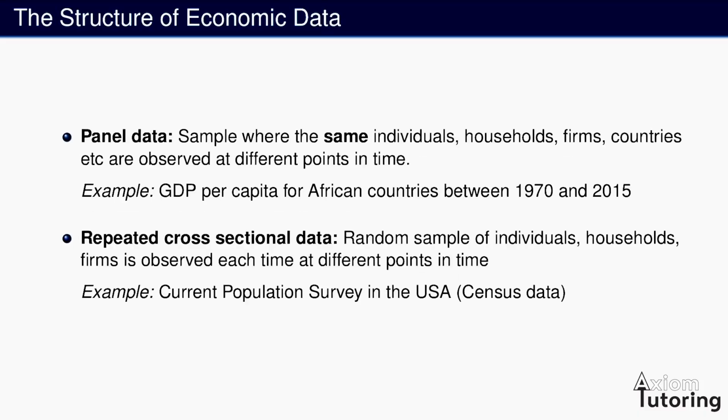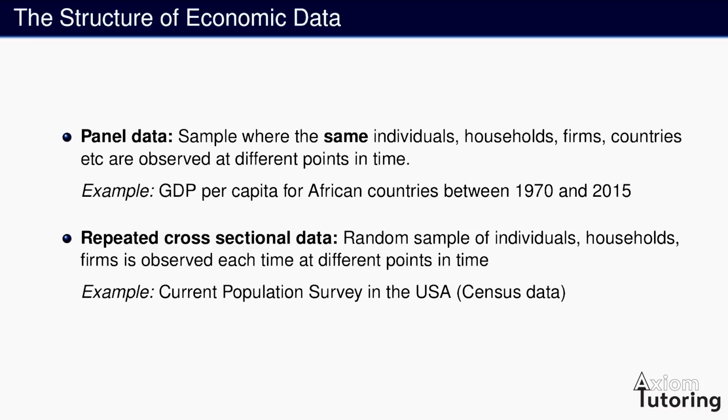time. But then you can also have a combination of both. And in that case, that's what we would call a panel data set. In this case, we observe a sample where we have the same individuals, households, firms, countries, etc., which are observed at different points in time. A good example would be the GDP per capita for African countries between 1970 and 2015.